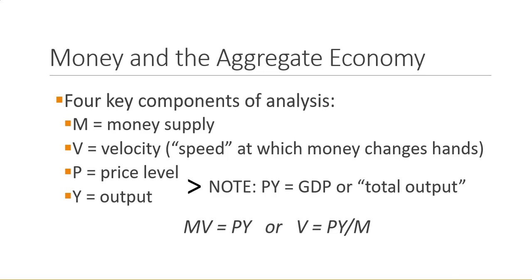So note the difference between output, which is the variable Y, and total output, which is the result of P times Y. We can also refer to that as GDP, gross domestic product. And so our formulas are M times V equals P times Y, or in another form, the same formula, just moved around, V equals PY, or P times Y divided by M.